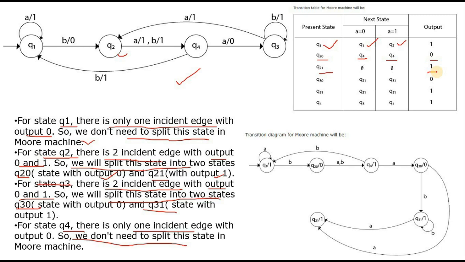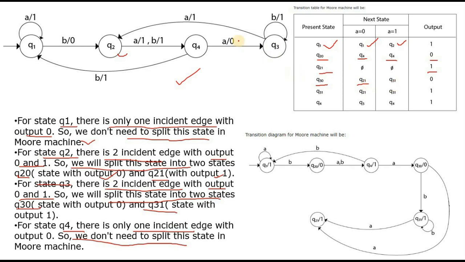Next, come to Q3 0. Q2 0, Q2 1. Q2 1, it will go with A equal to 0, right?